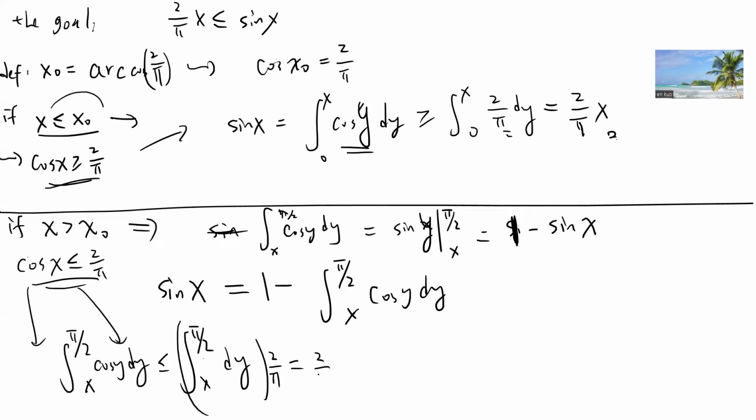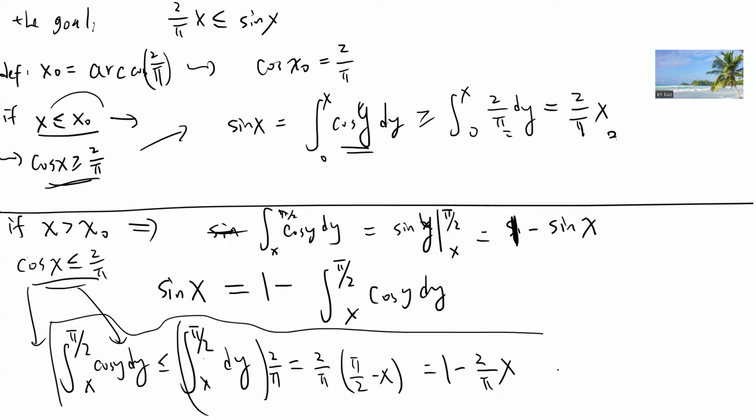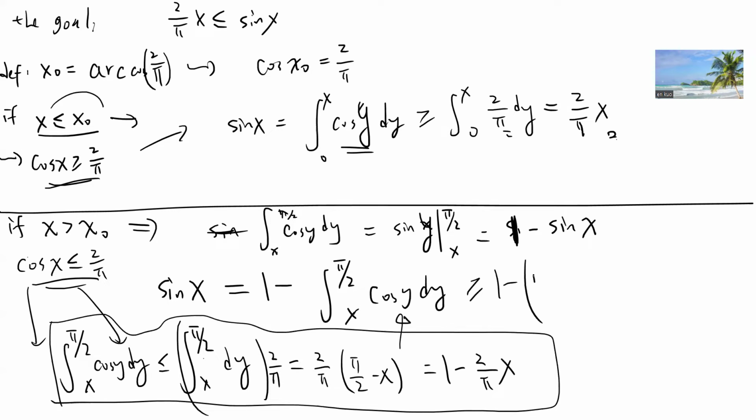What this shows is that it equals 2 divided by pi times pi over 2 minus x, which is 1 minus 2 divided by pi x. I can plug it in, so sine x is greater than or equal to 1 minus this, which is exactly 2 divided by pi x.